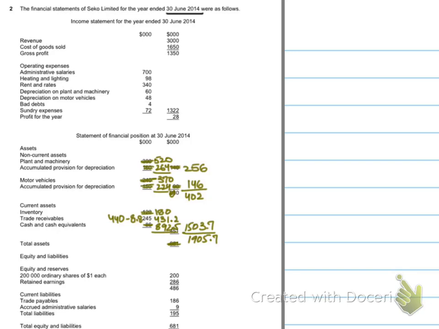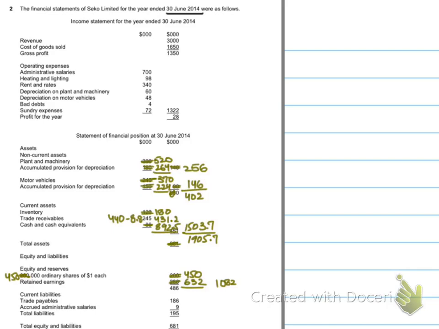Equity and reserves. So after another issue of 240, this becomes 250. So $450,000 shares of $1 each. The retained earnings 286 plus 346 for the year's profit. So this becomes 632. You add this up, you get 1082.